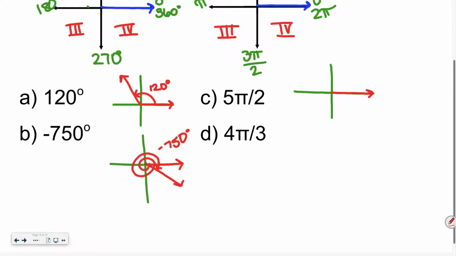Would you agree? Okay, so we're going to rotate all the way around once. Once we get 2 taken care of, there's only 1/2 more. Do you agree? So when we're thinking about 5/2 pi, once we've taken care of 2 pi, there's only 1/2 pi remaining.